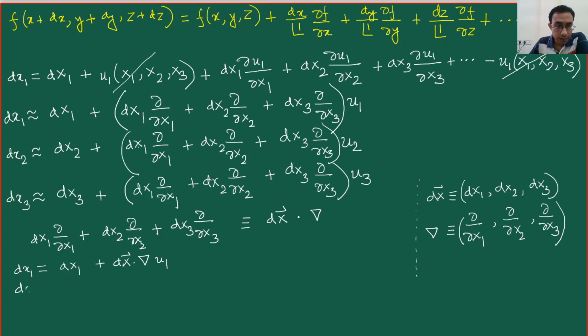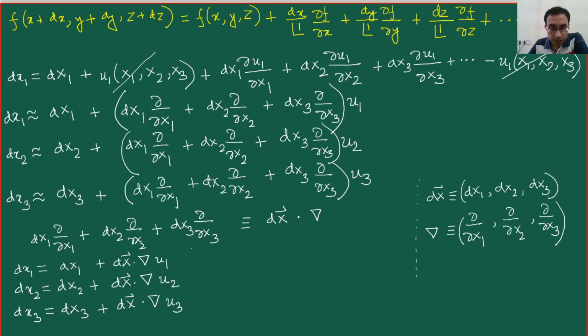Similarly, dx2 is equal to d capital X2 plus dx vector dotted with the grad operator operating on u2, and finally dx3 is equal to d capital X3 plus dx vector dotted with the grad operator on this.